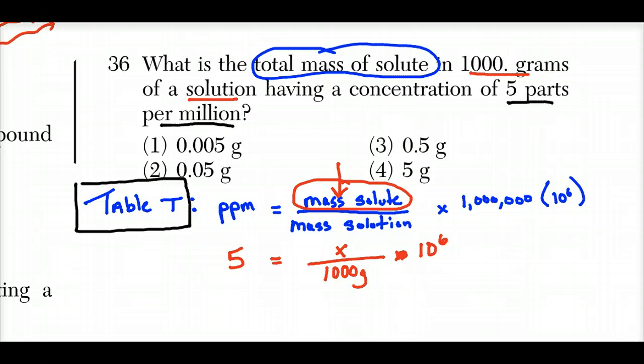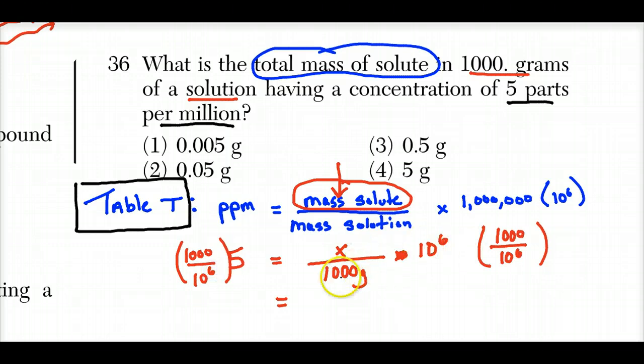Okay, so now we're going to do some algebra and solve for X. Now when you solve for X, for those that are a little weaker in algebra, I'm going to multiply this side by 1,000 over 10 to the 6th, which is a million. The reason why I multiply both sides by that is so I can just solve for my X, because 1,000 will cancel and 10 to the 6th. What I do to one side of an equation, I do to the other.